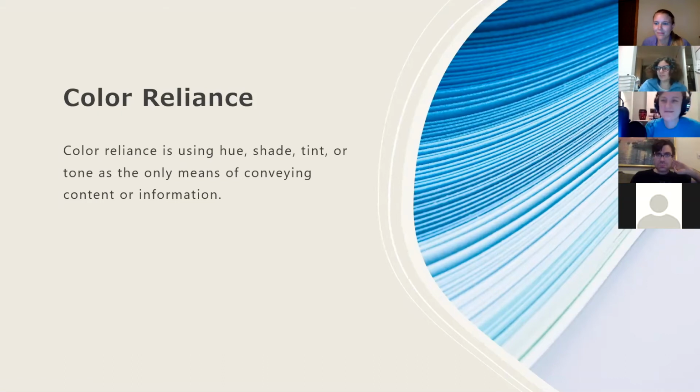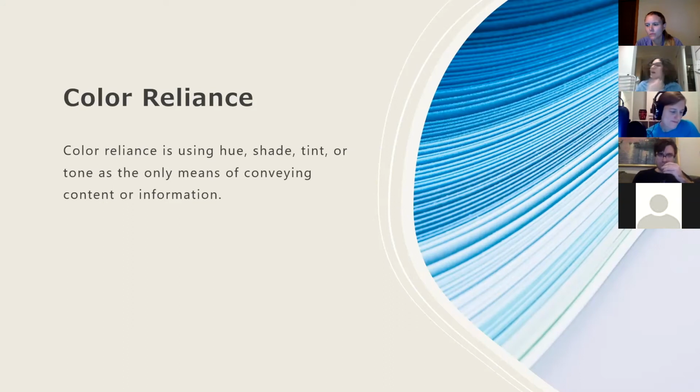All right, so the next piece then is color reliance. Color reliance is using hue, shade, tint, or tone as the only means of conveying content information. The problem with that is some people can't see colors very well, and that's not an effective way of doing things.